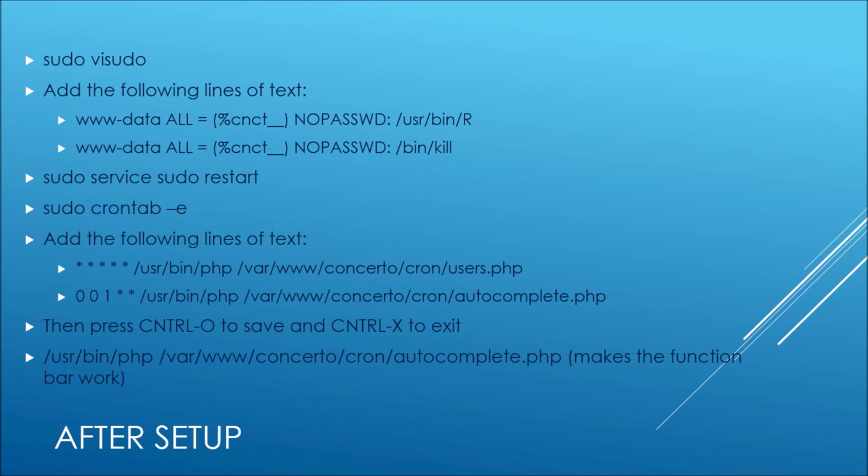Then we do a sudo service restart. Then we go into cron tab, and then we type the following paths to 2 particular PHP files, and then we save that, and then we type the path to that autocomplete PHP file such that the function bar in Concerto works.